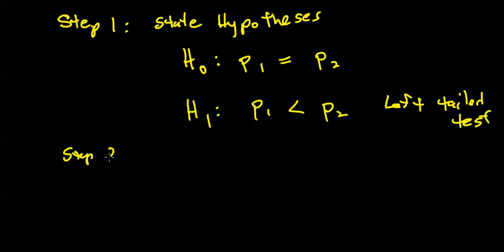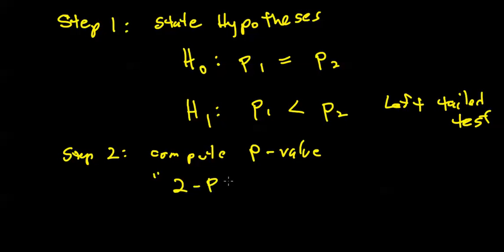Alright, step 2. Compute the p-value. Again, we're going to use the 2-Prop ZTest operator on our calculator.